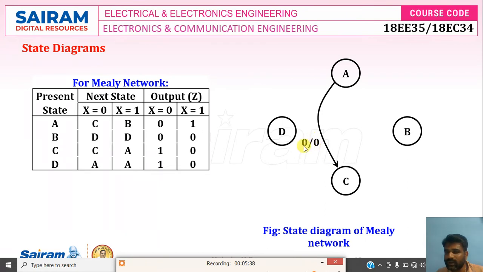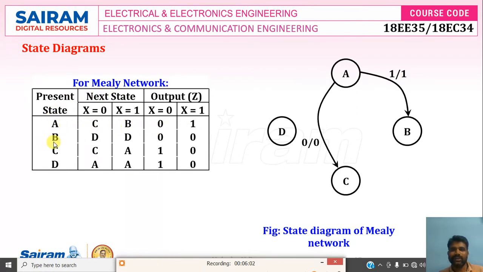Before the slash is input, after the slash is output. And when input is 1, the next state is B and output is 1. So from A to B, input is 1, output is 1. So the first row is completed.